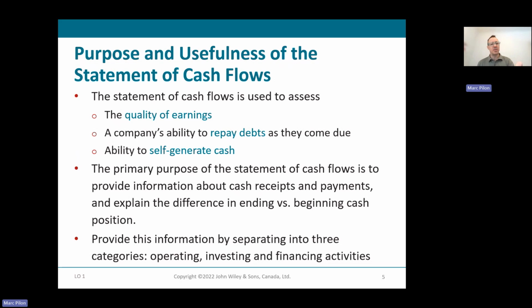So the statement of cash flow is used to assess the quality of earnings. What this means is it's a ratio, okay, where I forget if it's the numerator or the denominator. It doesn't really matter, but it's, say, net income divided by cash flow from operations. Okay? It's just a ratio. And if I give you that the ratio is 85%, and then I ask you, is that good or bad?